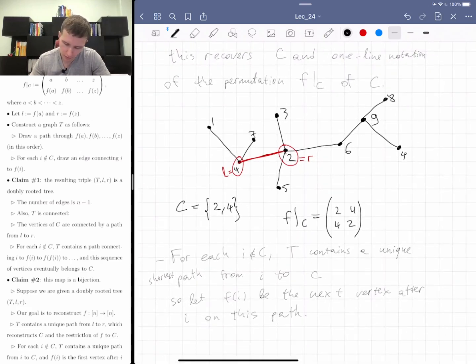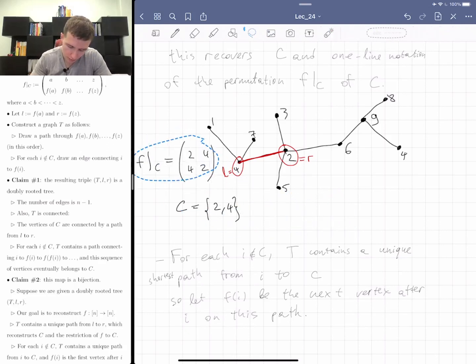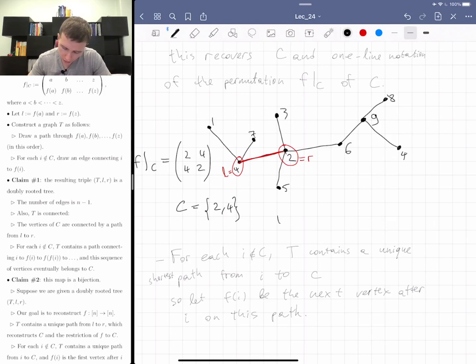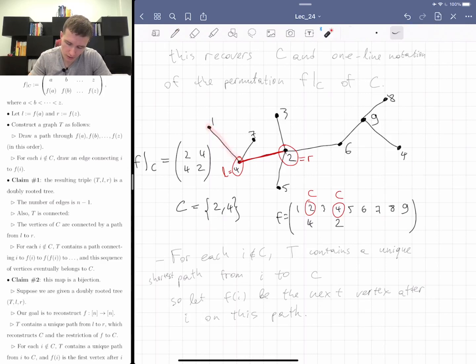So maybe here let me try an example. F is 1, 2, 3, 4, 5, 6, 7, 8, 9. I already know that 2 goes to 4, 4 goes to 2. That's the cycle. And these two elements belong to C. And then for the rest, well, 1 goes to 4, and 7 goes to 4, and 3 and 5 go to 2.